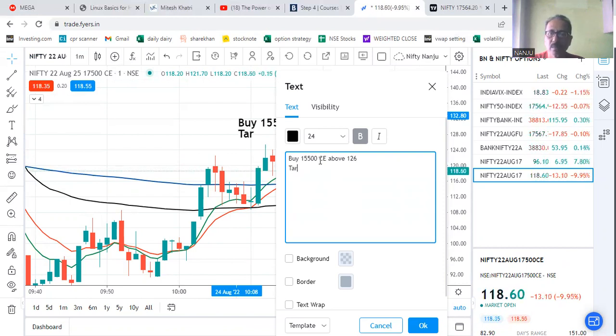Target of 138. Enough, 12 points is enough. And stop loss, 10 point stop loss. 126 is 116. 116 is the stop loss. That's it.